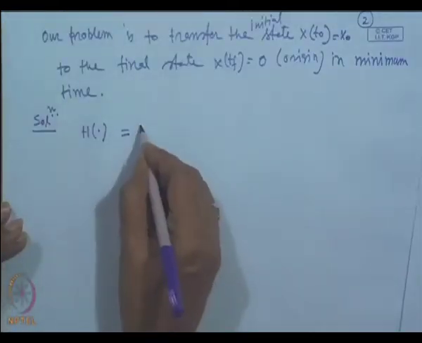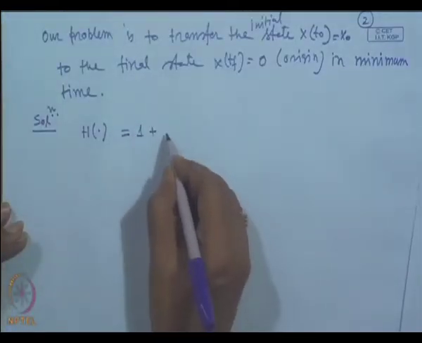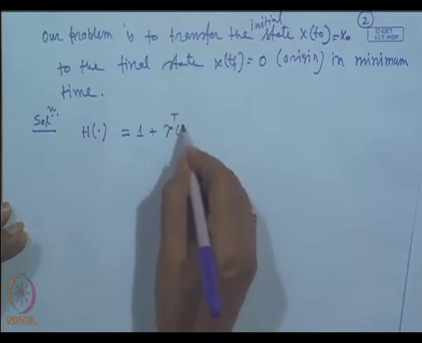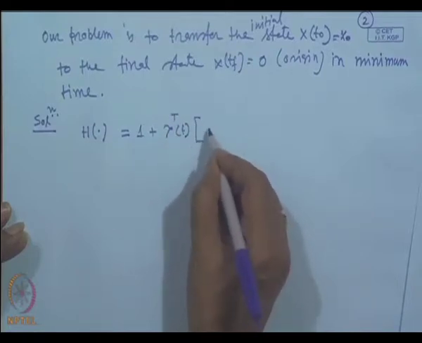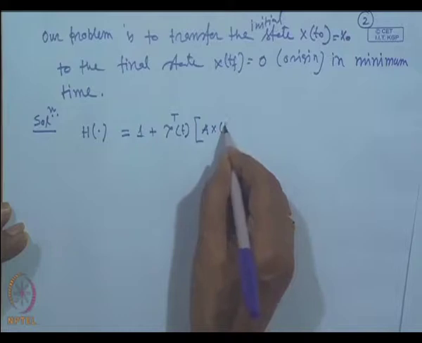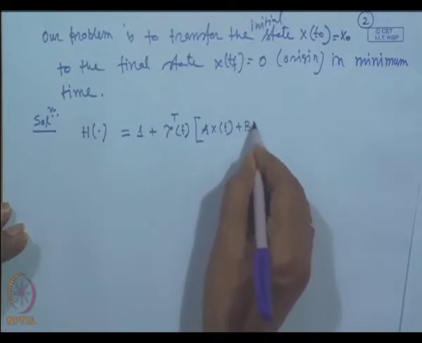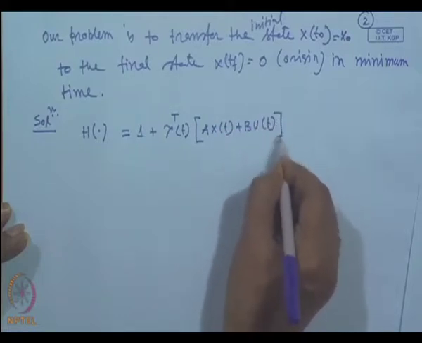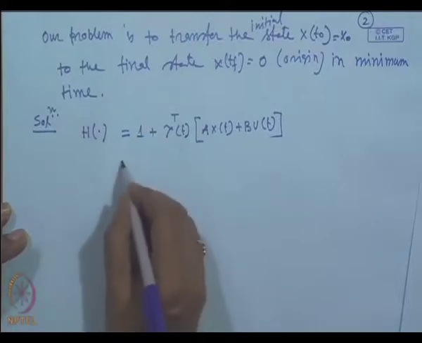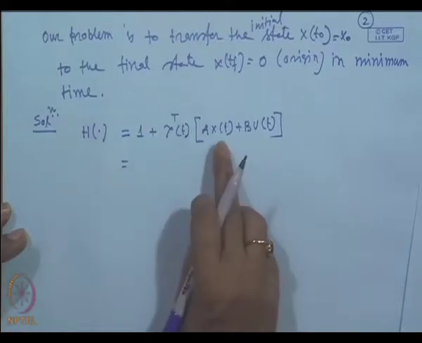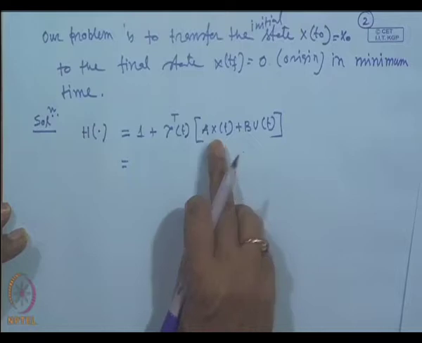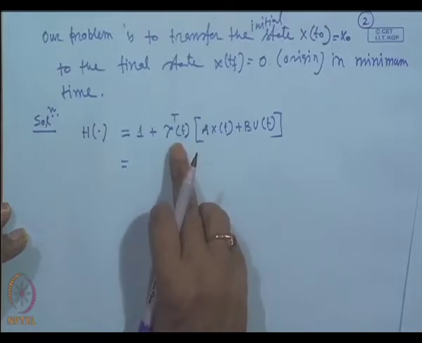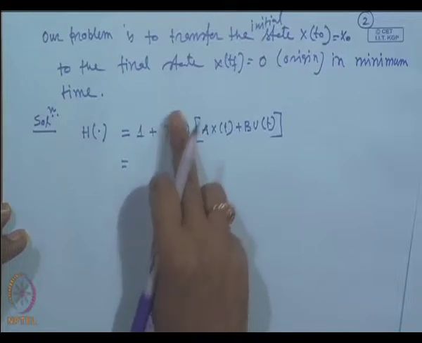So, H equals 1 plus lambda transpose of t into A x of t plus B u of t. Since the number of states is 2, the dimension of lambda is also 2 rows, 1 column, so it is a transpose.